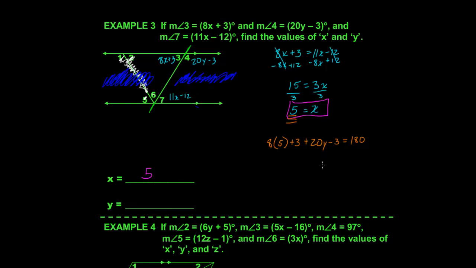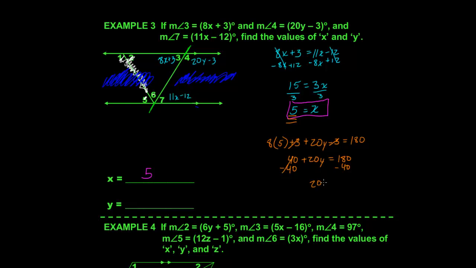So now we have to do some simple math. We can eliminate our 3's right here. And we can say we have a 40. 8 times 5 is 40, plus 20y equals 180. Well, let's move our 40 over. That will eliminate the 40 there.